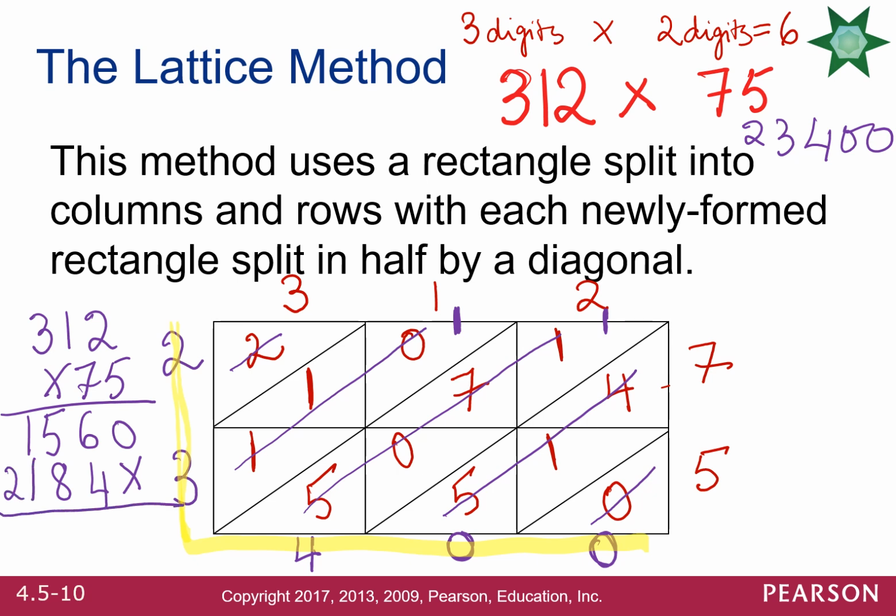So we get 0, 6 plus 4, 10, carry over 1. 8 plus 5 is 13 plus 1, 14. Carry over 3. 1 plus 1 plus 1 is a 3. 2, 3, 4, 0. And that exactly matches with what we got using the lattice method of multiplication.